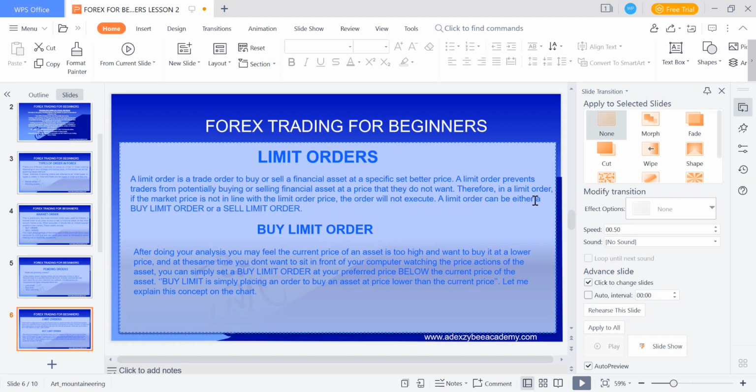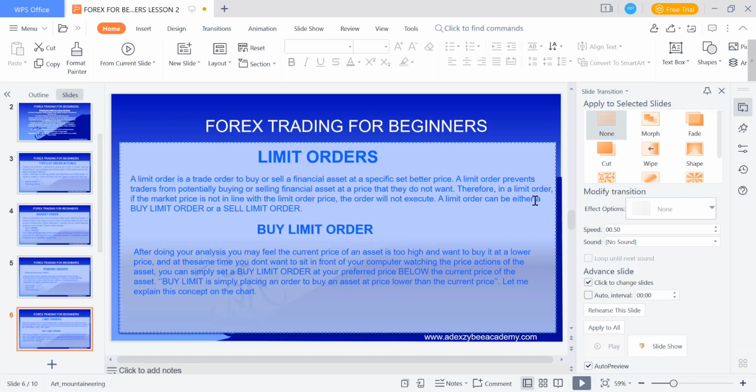Okay. Now let me explain all this in layman language. If you want to buy, for that moment, the price is too high for your liking. So you want to buy it at a lesser price. That's where you use limit buy. So if you are using limits, that means you are trying to buy at a price that is lower than the current price in the market.